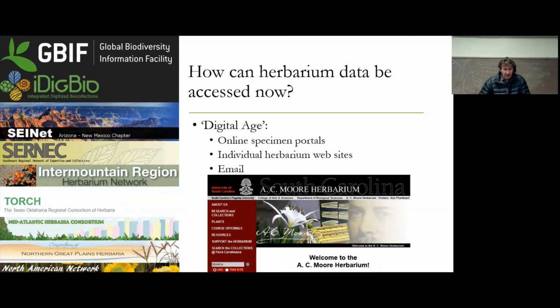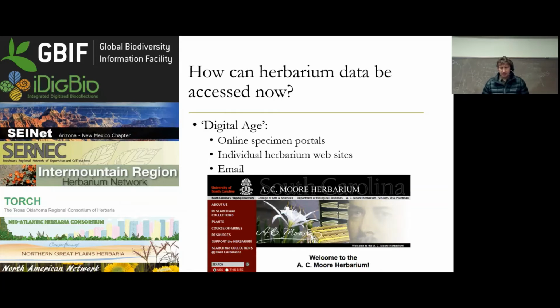The other banners that you see over there on the left are representative of some of the regional herbarium consortia that are available online now. And while they all have their own different brands, if you were to visit any one of those individual websites, you are effectively searching the exact same amalgamated database.